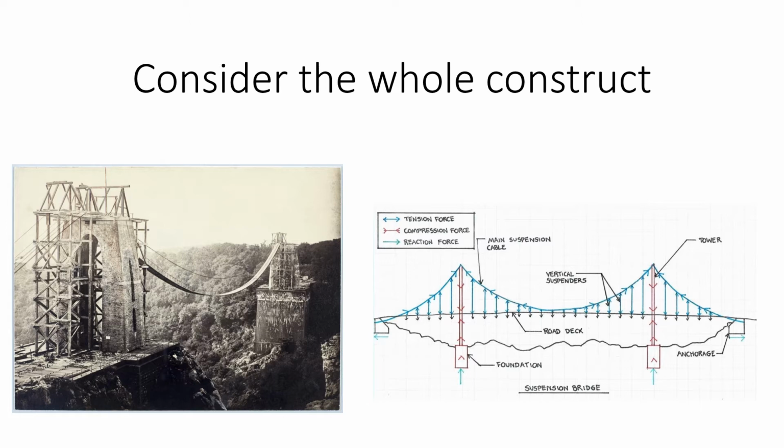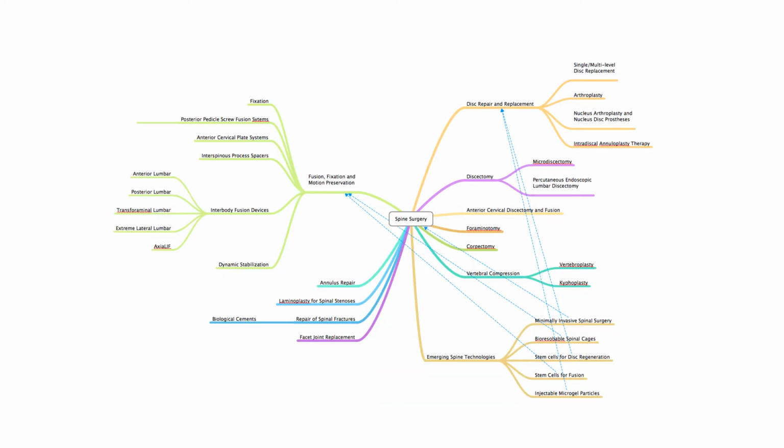On the suspension columns there's a compression force. The cables give a tension force, and there's also a reaction force within them. This is quite a busy slide. It simply shows the number of different approaches and devices and really procedures that we have available for spine surgery.